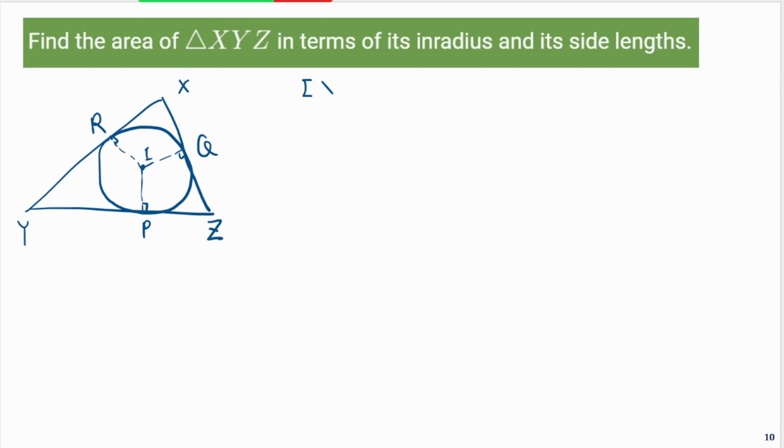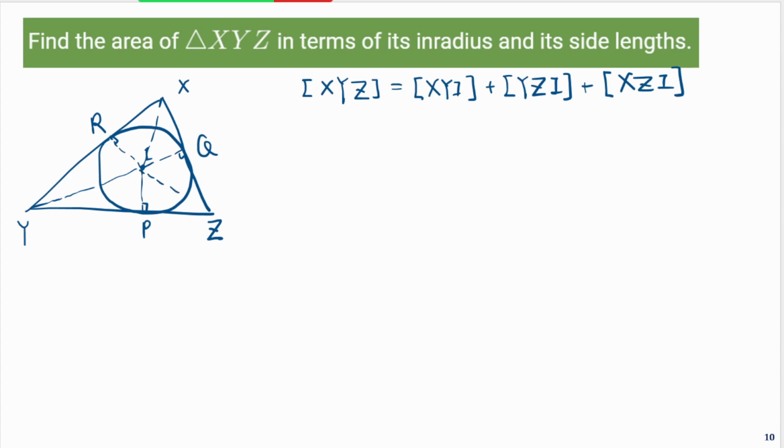So the area of triangle XYZ can be broken down into XYI plus YZI plus XZI, if you draw these auxiliary lines as well.